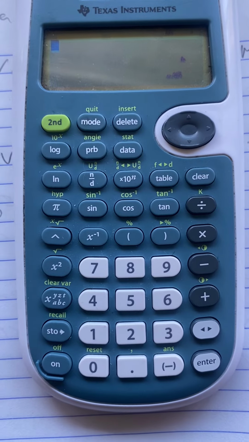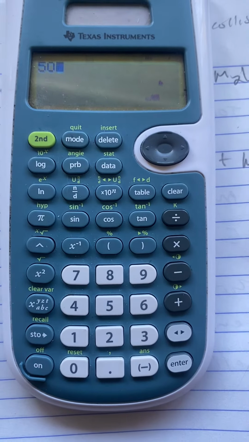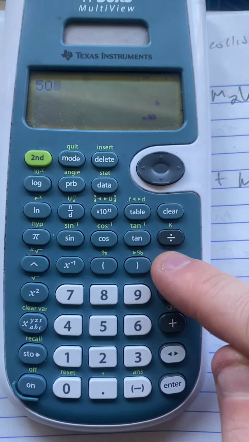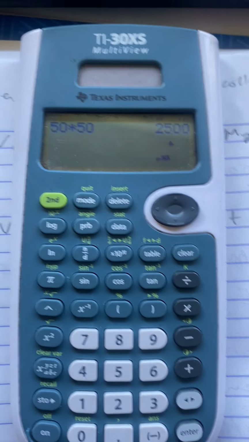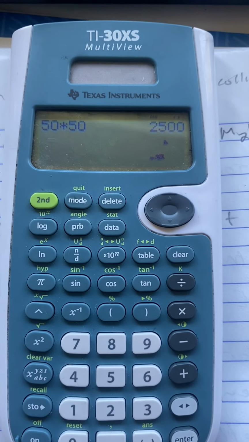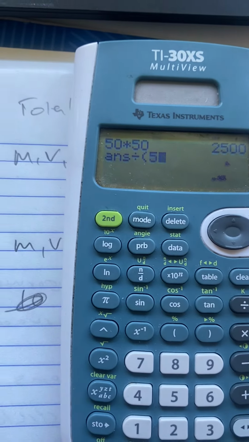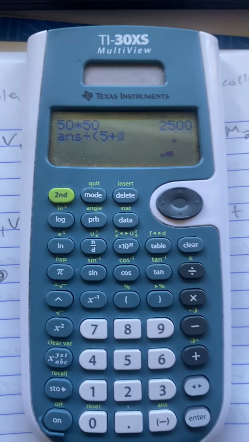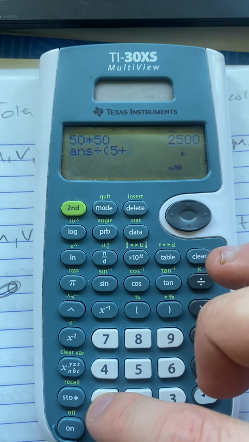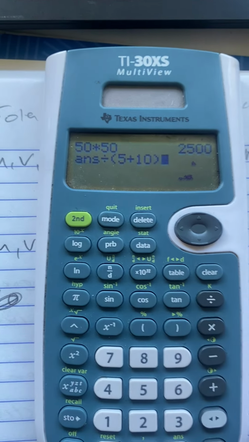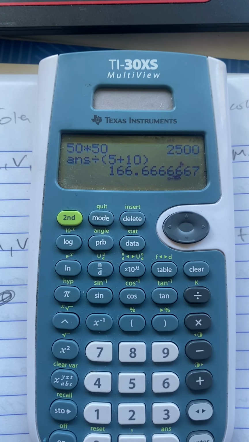All right, if we plug this into the calculator, we should get the mass of a bullet times 50, which is the velocity of the bullet, and then divided by the mass of the bullet plus, and what did we choose? A 10 gram block. That gives 166.